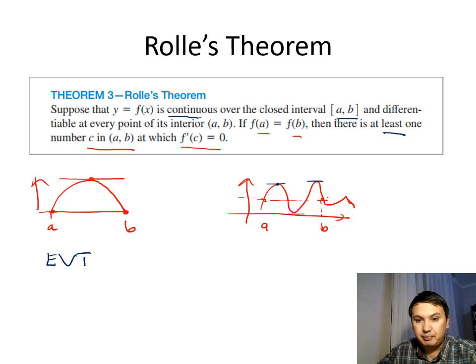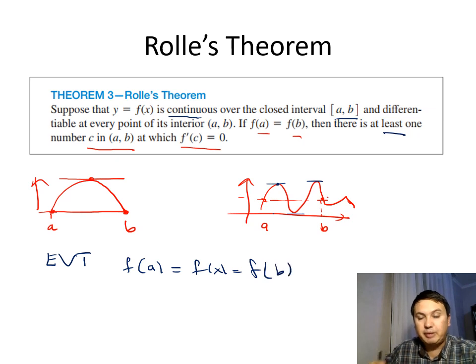In particular, it means f(a) is equal to f(x) equal to f(b). So if the maximum and minimum are equal, it means the function is simply constant. But if the function is constant, then what is the derivative? The derivative is 0 everywhere, right? Not at just one point, but it's 0 everywhere.